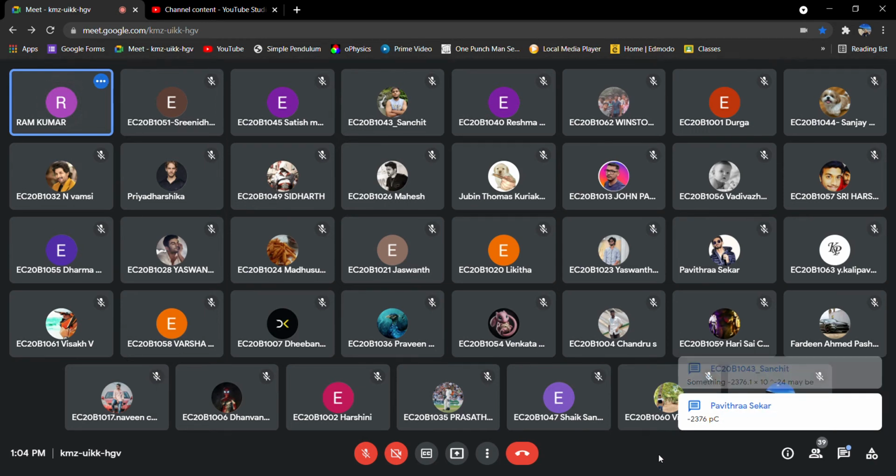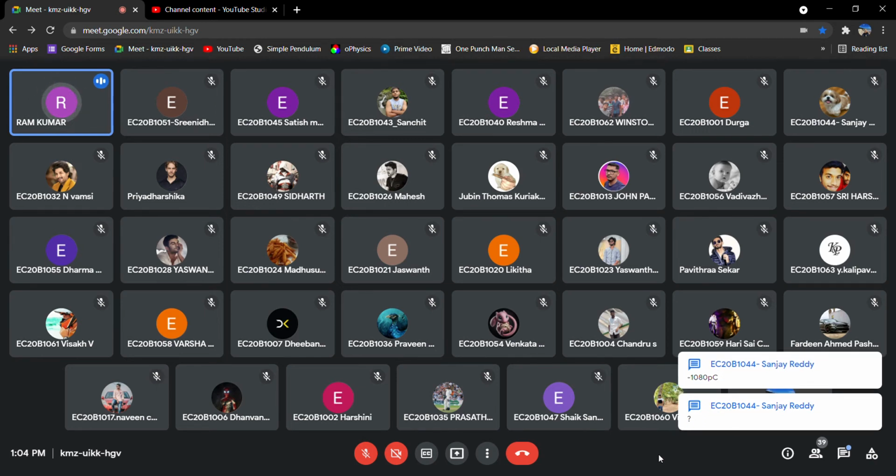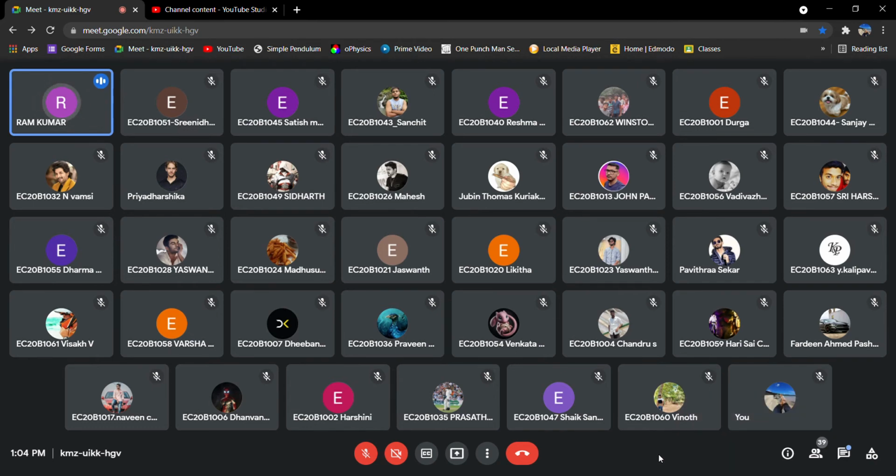Minus 2376, 10 power minus 24. Sanjeev posted the same thing. Pavitra also posted minus 2376 pico, 10 power minus 12, minus 1080 pico. But in the 10 power only some small changes will be there.